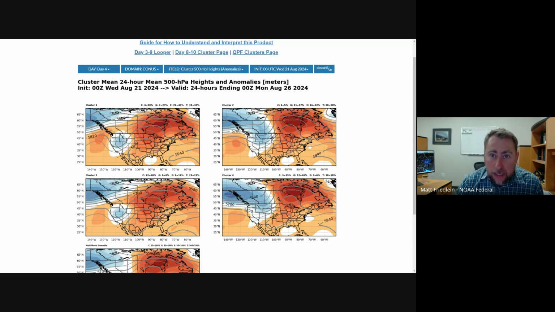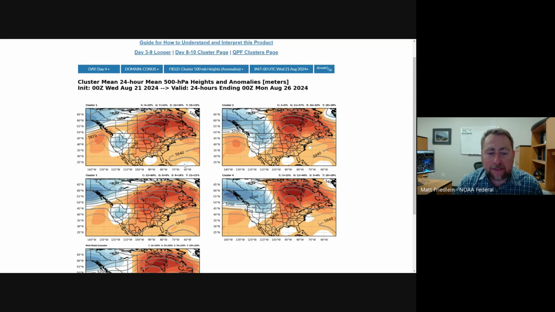In terms of looking at how many models are showing that, or is there a certain type of model ensemble members that are showing that, this is where these percentages show that. And we'll see in the totality, 33% and 21%. So that's near half that are showing this closed low, slower solution, probably warmer, which we'll look at for Rapid City, versus this sort of quicker progression of the trough.